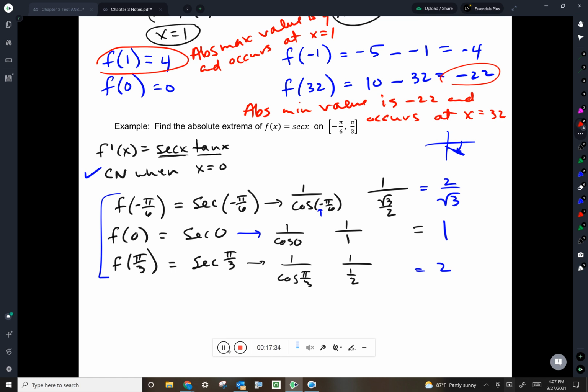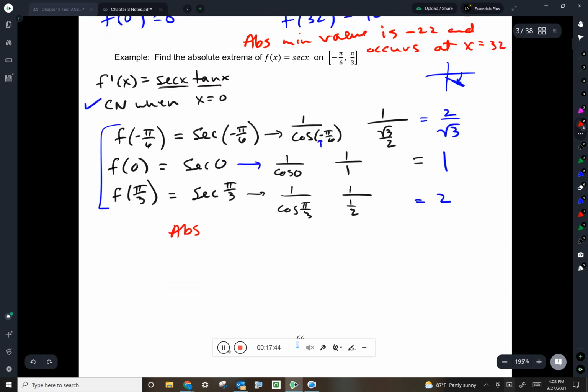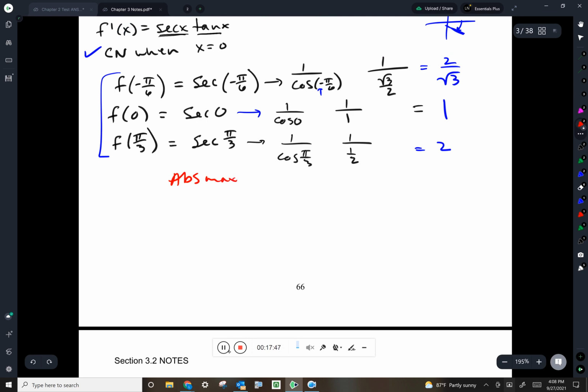And so 2 over something a little bit less than 2 is going to be just a little bit more than 1. So it's definitely not as much as 2. So I'm going to say absolute max value is 2 and occurs at x equals pi over 3.